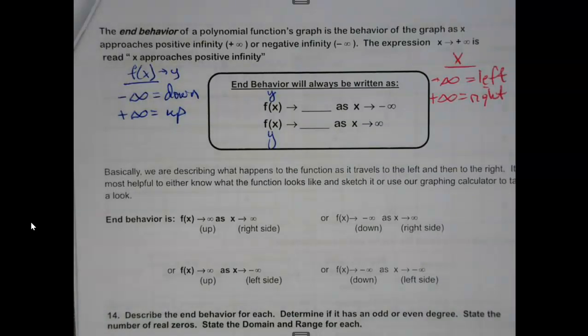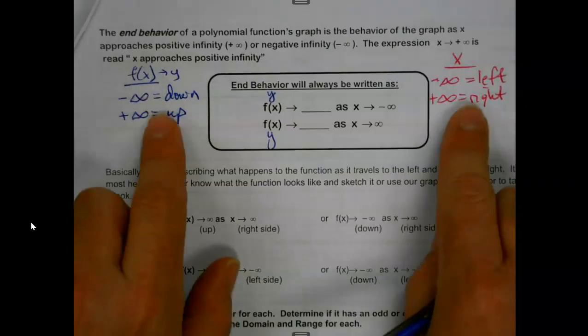The reason I want you to have that there is because when we start expressing these end behaviors in math language, it's going to look weird if you don't know what the symbol actually means. So here's how this is going to work. I'm going to go straight to the examples at the bottom, and I think we're going to be done because I think you're going to pick up on this, especially having this in mind.